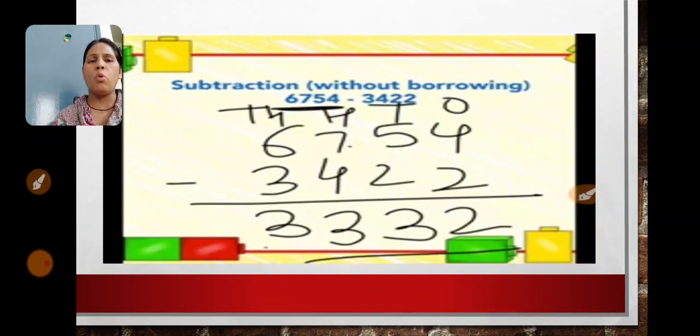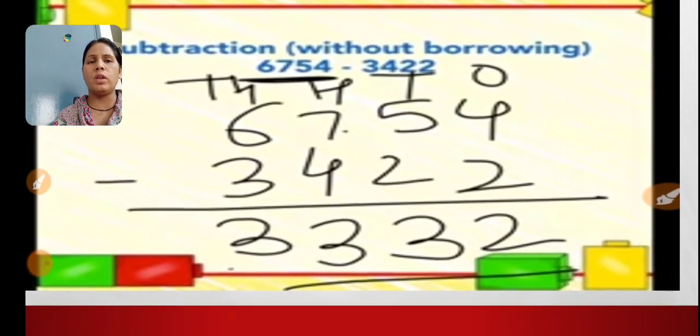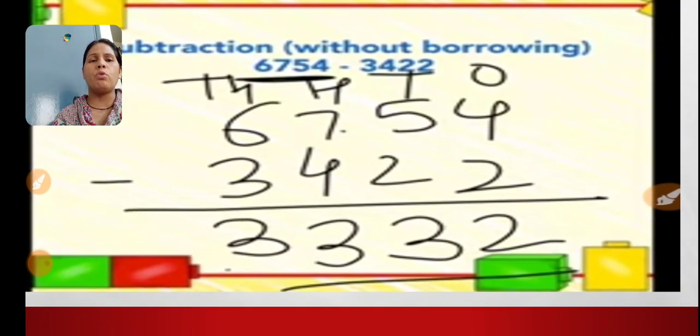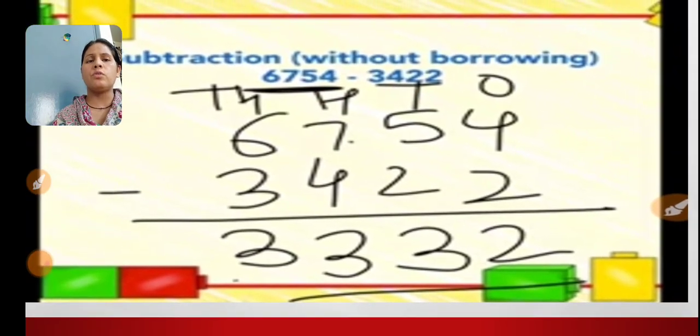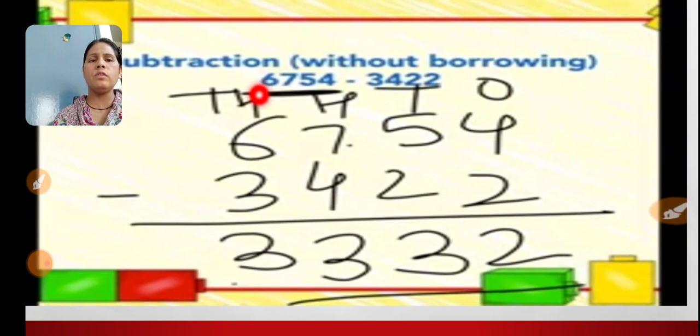Let us have a look at an example of subtraction without borrowing. Suppose you are given these two numbers and you have to subtract them. Step number 1, find out which one is the greater number. Since 6 is greater than 3, 6754 is the greater number and 3422 is the smaller number.